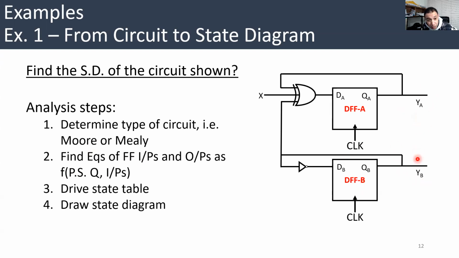So we have here two outputs, one is called YA, the other is called YB. Okay, we need to find the state table and the state diagram. So 4 requirements, 4 questions. This is basically the analysis steps, as we said. Okay, so let's try to do that.